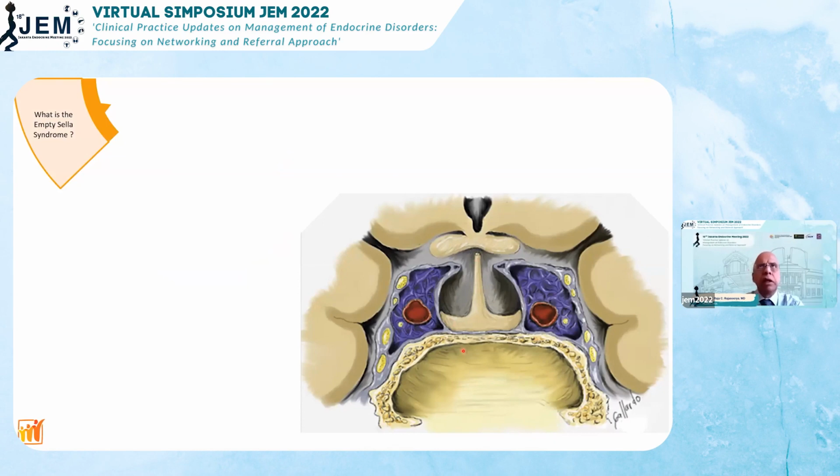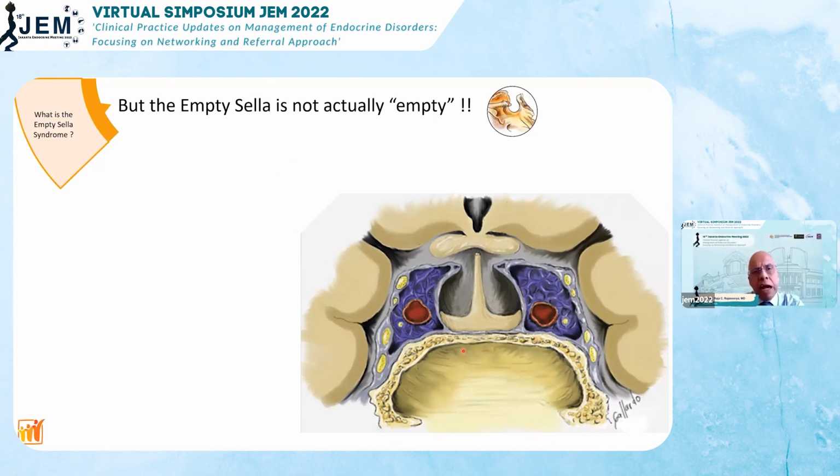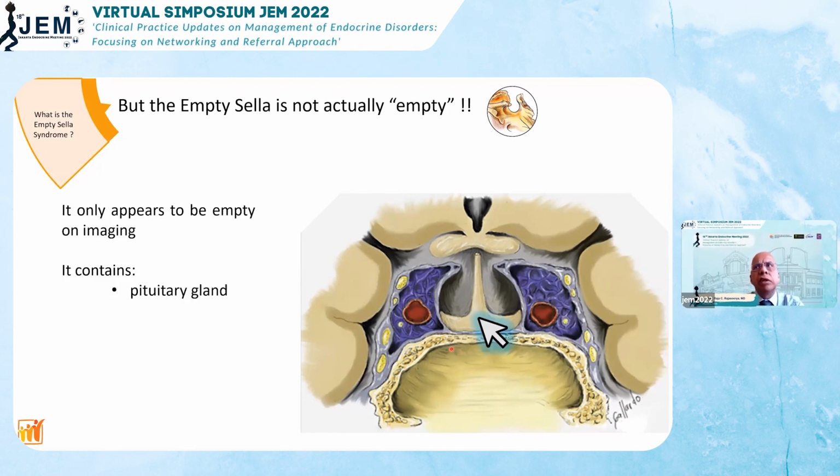because the empty sella is not actually empty. It only appears empty on imaging. What is it filled up with? It contains the pituitary gland, as illustrated in the arrow. It contains the pituitary stalk.